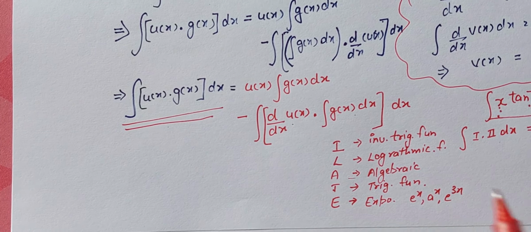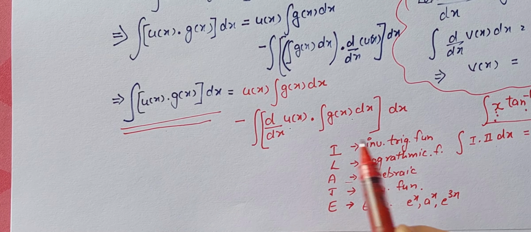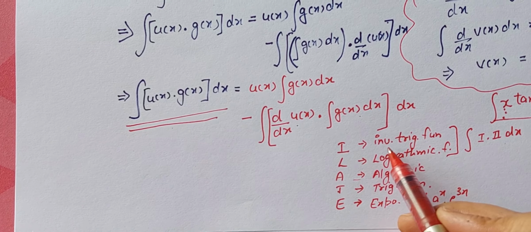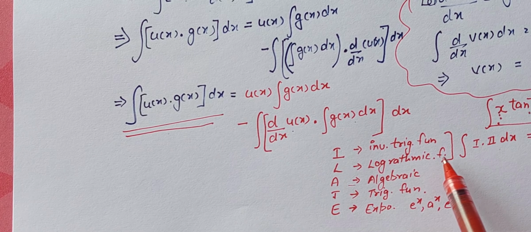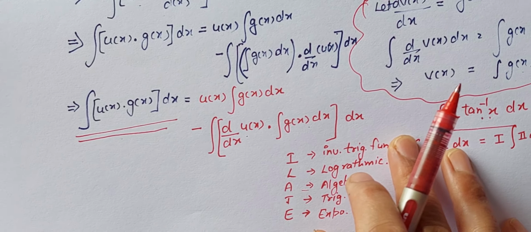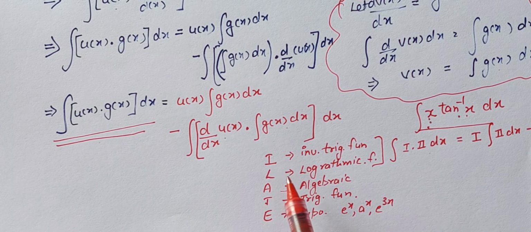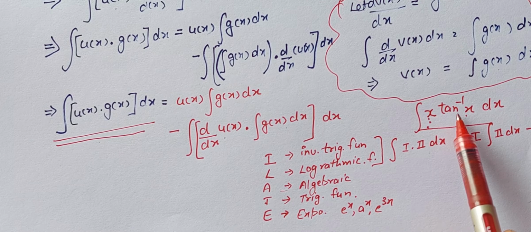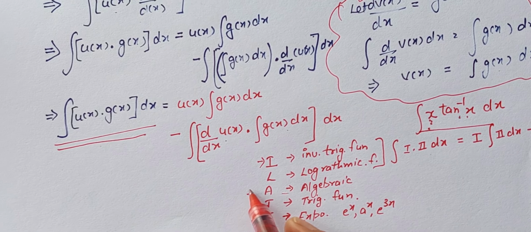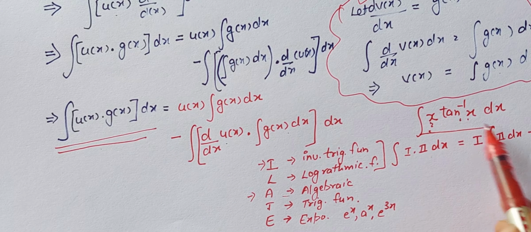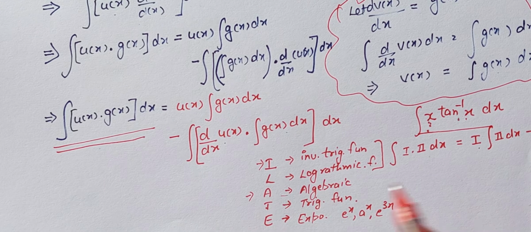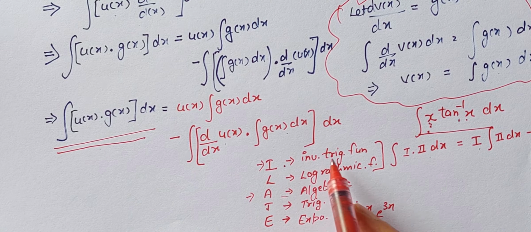So this can be e raised to power x, a raised to power x, e raised to power 3x, something like that. Okay, the reason which I can see here is that inverse trigonometric function and logarithmic function reduce to algebraic function after differentiation. So here we had an inverse trigonometric function and an algebraic function. What should be the choice of first function, meaning which is getting differentiated here? That should be your inverse trigonometric function.